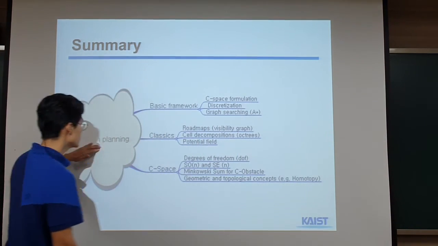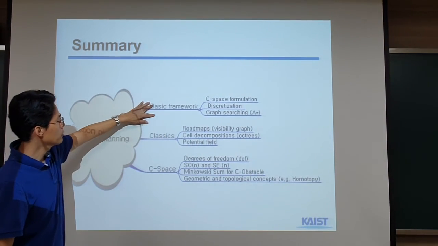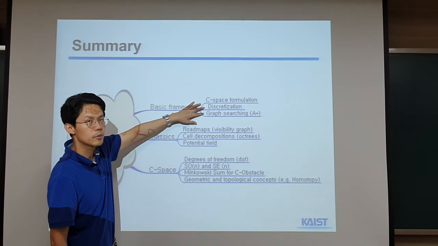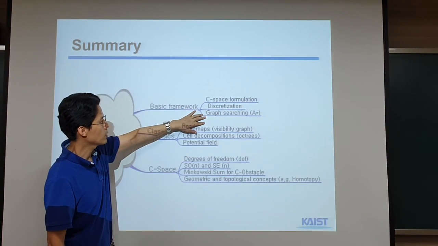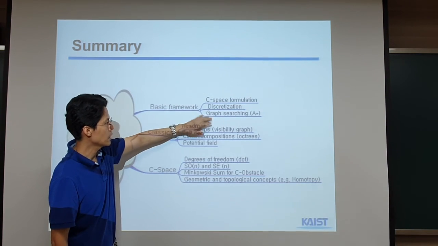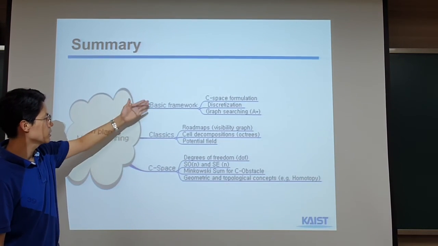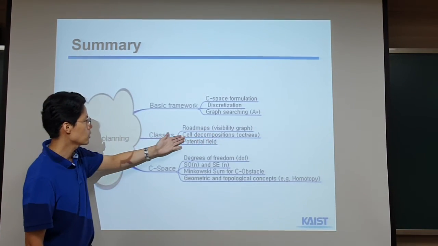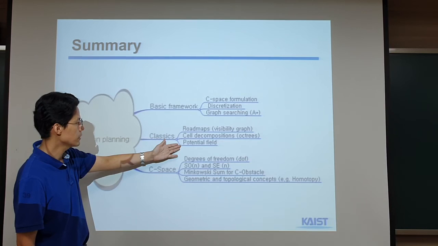Under the category of motion planning, I talked about the basic framework and C-space formulation. I talked about discretization as an example, the visibility graph, and also graph search, the A-star algorithm. Then I moved on to the classical techniques, roadmap as an example, the visibility graph. I talked about cell decomposition and potential field.